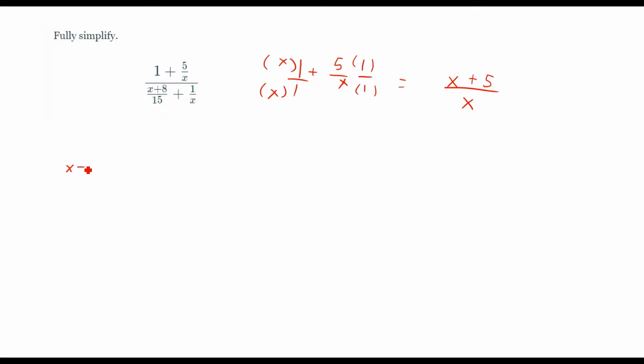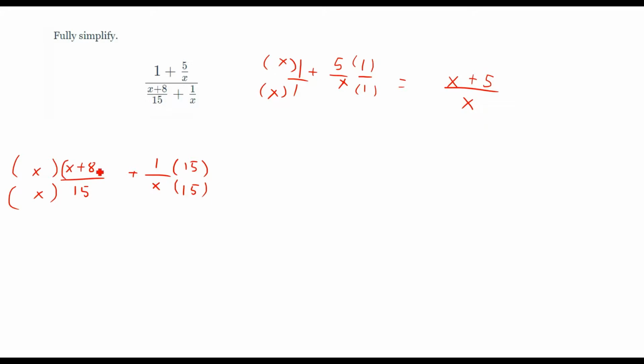So x plus 8 divided by 15 plus 1 divided by x. We're going to take this term and multiply it by the denominator over here, 15, both the top and the bottom. Then we do the same thing for this fraction. We're going to take both the numerator and denominator and multiply them by x.